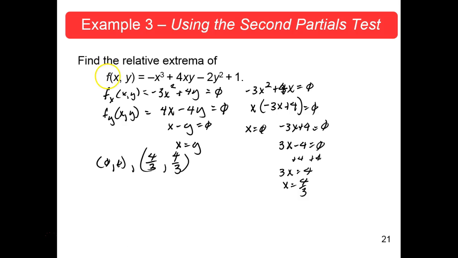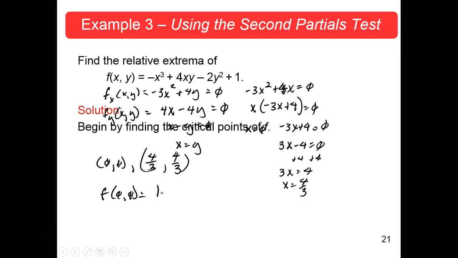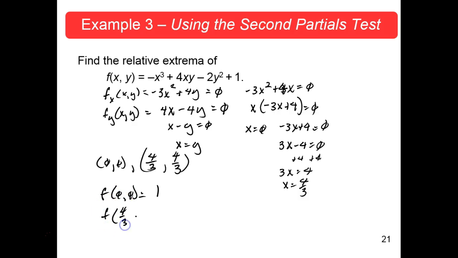Let's go back to our original function and see what we got there. F of 0, 0 is equal to 1, right? And f of 4/3, ooh, that's going to be a lot worse.